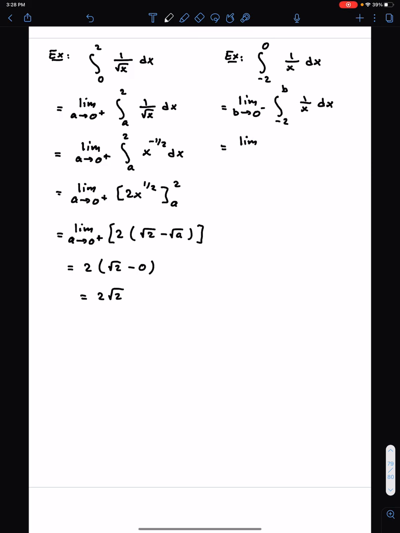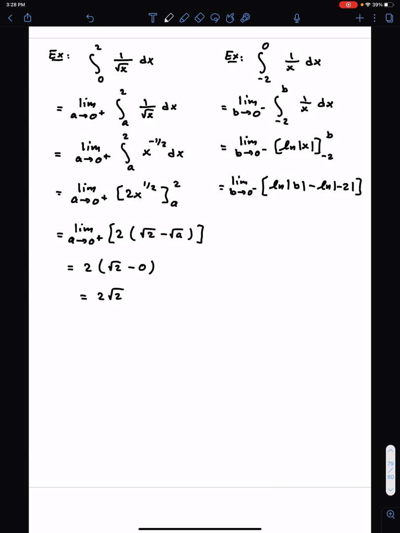If I integrate, the limit as b approaches 0 from the left of natural log absolute value of x evaluated at negative 2 and b, which is the limit as b approaches 0 from the left of the natural log absolute value of b minus the natural log absolute value of negative 2.